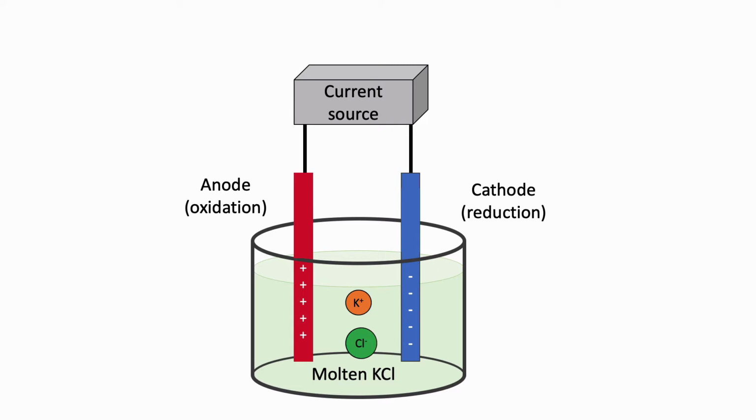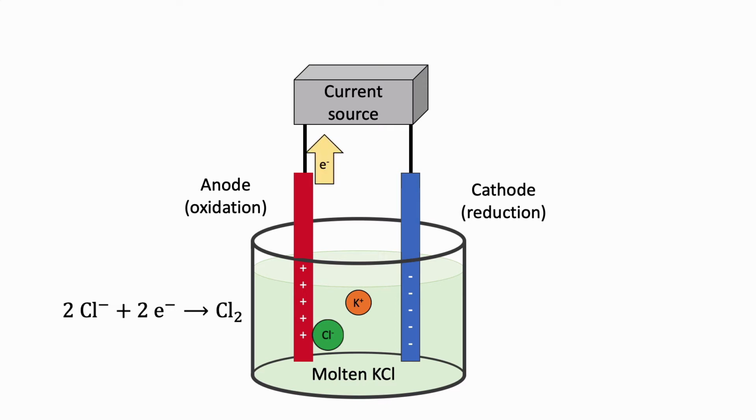So let's look at how this electrolytic cell could be used to turn potassium and chloride ions into potassium metal and chlorine gas. So you have a positively charged anode, and that will attract negatively charged ions. In this case, that would be chloride. The chloride ions would then lose electrons, which would travel through the electrode into the wire.